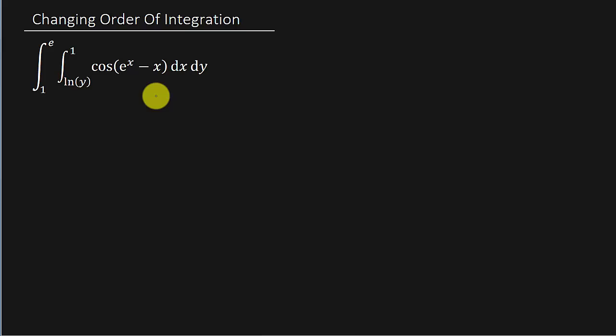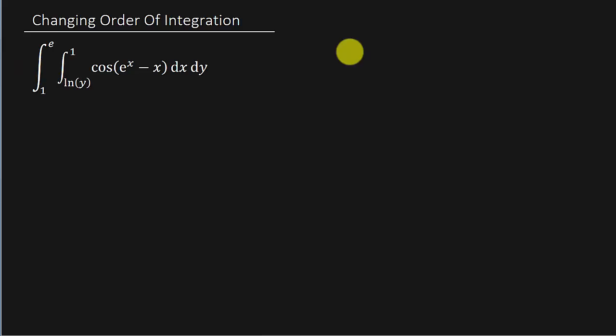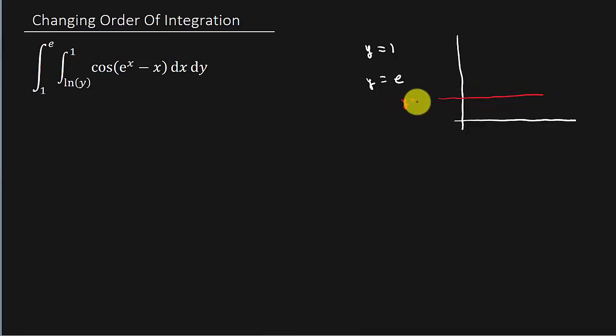So let's do a little sketch here. For the bounds on the outer integral, we have y equals 1 and y equals e. Let's sketch that in red: here we have y equals 1, and then y equals e.